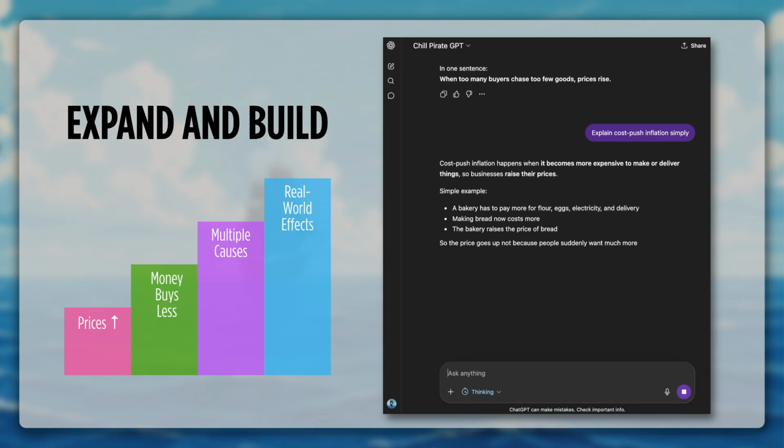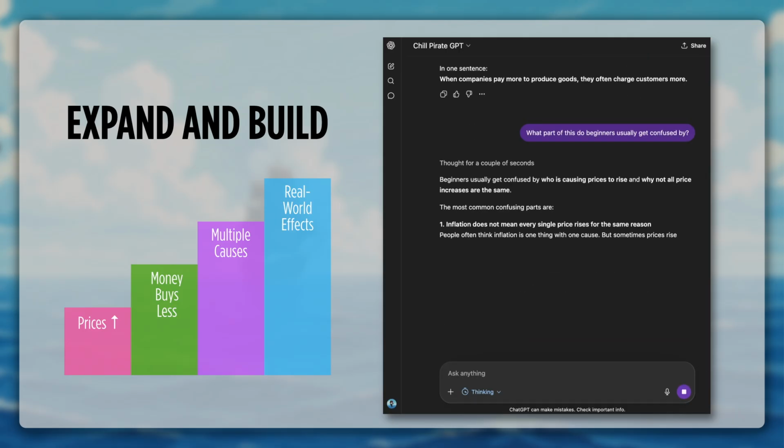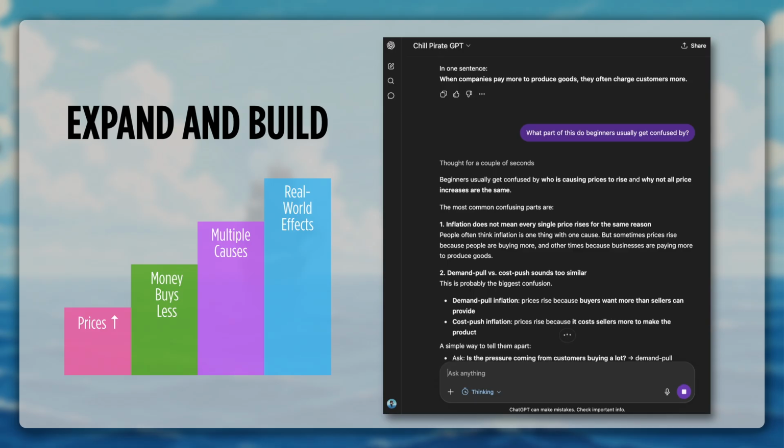And you can also get an explanation of cost push inflation. And you can even ask AI what are things that beginners are most confused about. And this is a big shift from normal studying. You're no longer trapped with the one explanation on one page of your textbook. You can make the explanation meet you and your understanding.